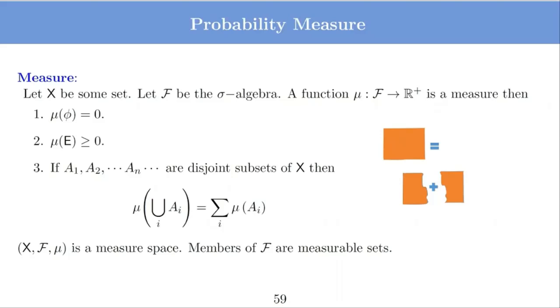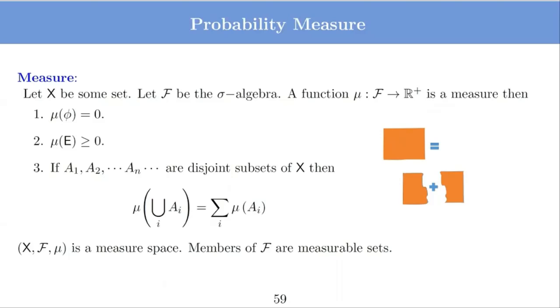And this is also true for a countable number of sets, not just finite sets. So if I take A1, A2, up to an infinite sequence of disjoint sets, then it is also true that the size of the union of the sets should be equal to the summation of the size of the individual sets.